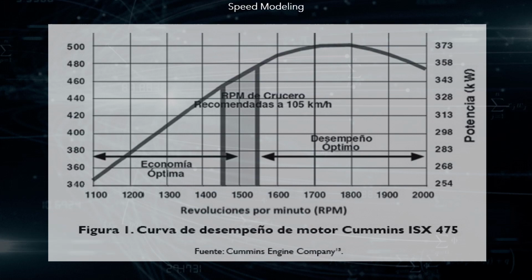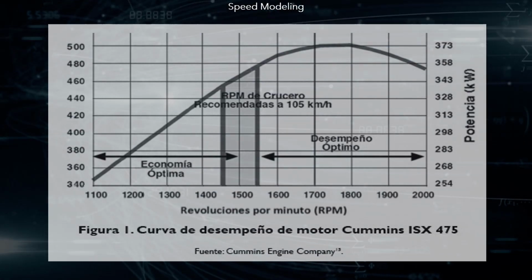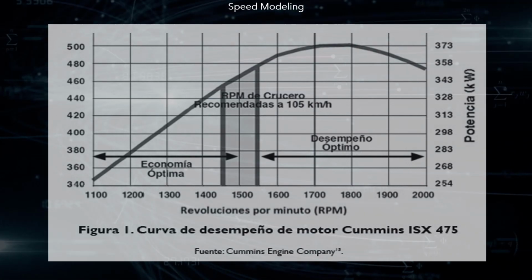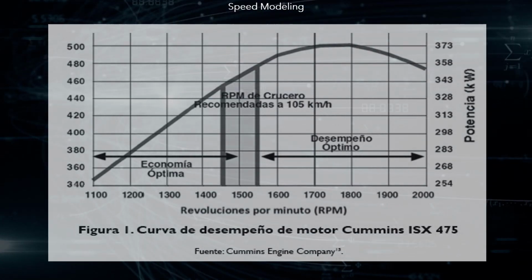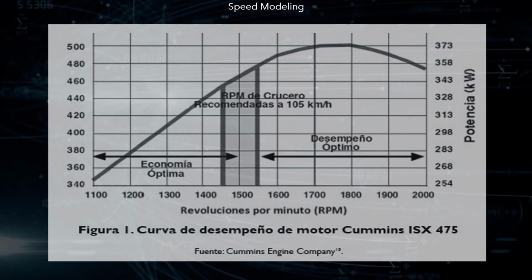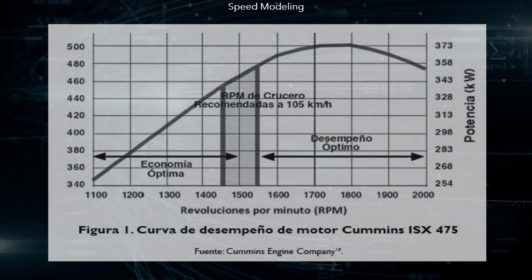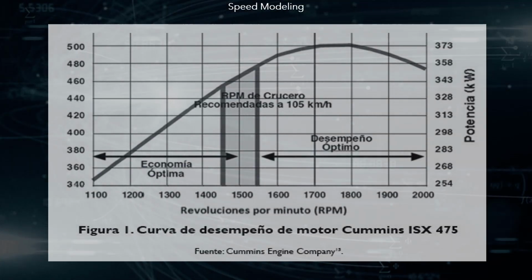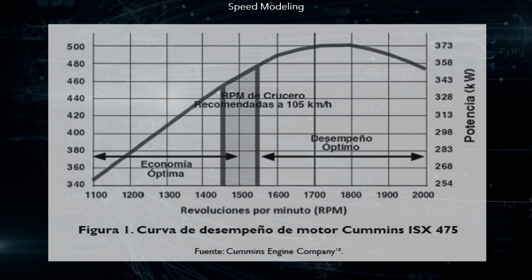The importance of this planning is seen in the performance curve of an engine in which operating in a range of 1,100 to 2,000 revolutions per minute results in optimal performance between 1,500 and 1,800 RPM, according to the truck's provider. However, optimal power performance, with lower fuel consumption, is below 1,500 revolutions per minute.